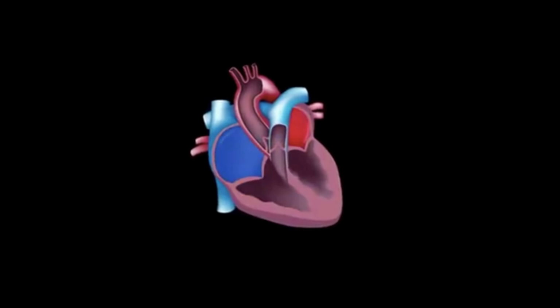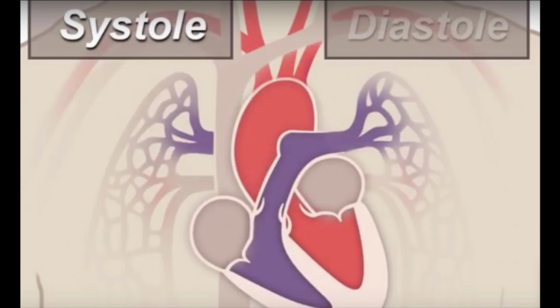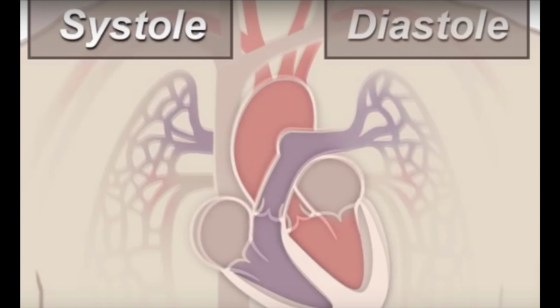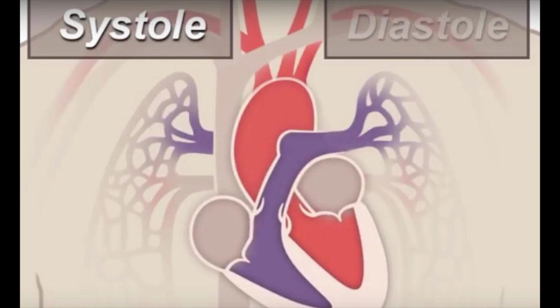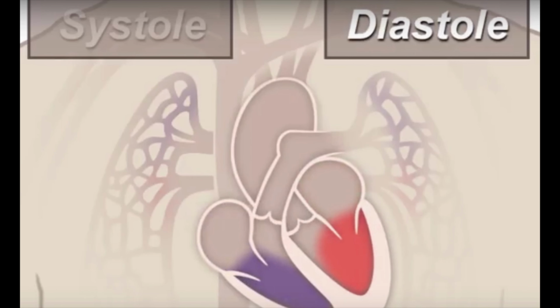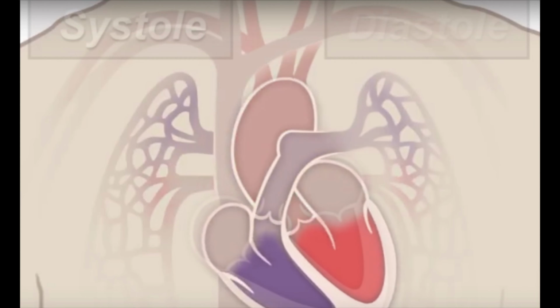The heart contracts and relaxes. The contraction is called systole, and relaxing is called diastole. During systole, the ventricles contract, forcing blood into the vessels going to the lungs and body. The ventricles then relax during diastole and fill with blood coming from the upper chambers, which are the right and left atrium.